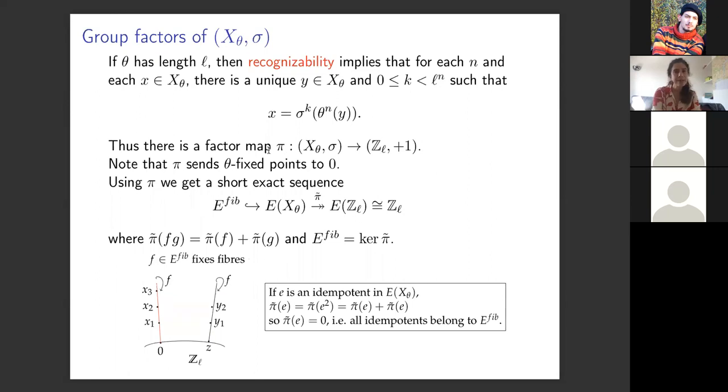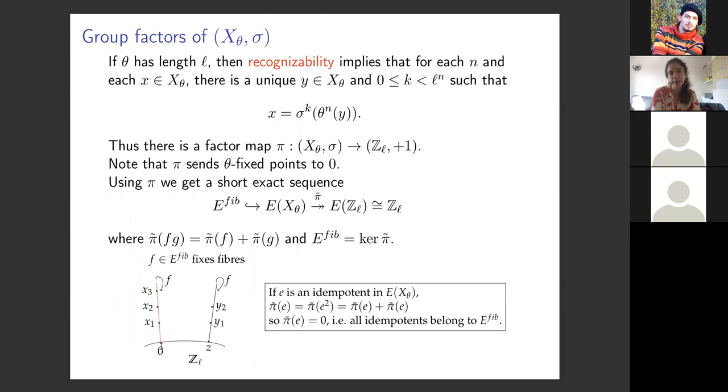So this factor map pi enables me to look at my substitution shift space X_theta as a fibered product. All right, so it lives over the L-adic integers. And for every element in my L-adic integers, I have a fiber. I have a bunch of points in X_theta which project onto z.